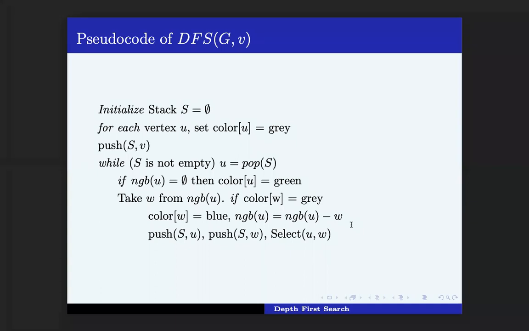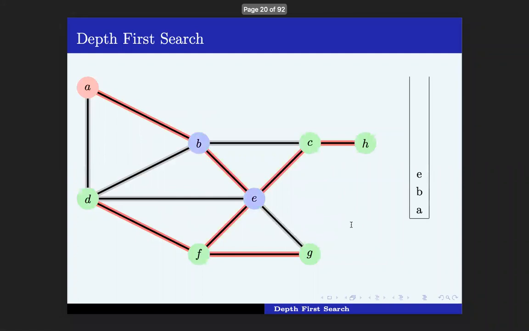Okay, because what is happening is that, look at this one, right? At this point, E is on the top. So what will I do? I will pop out E and look at it.